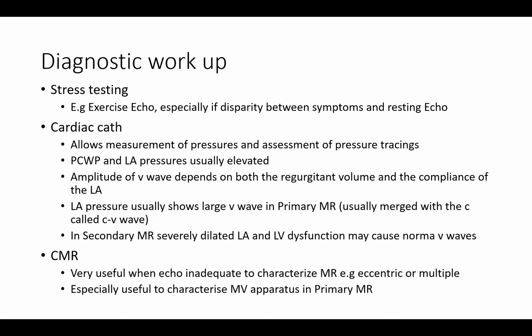which might be some indication of the compliance of the left atrium. We have already said that we see a large V wave in primary MR especially, and it could merge with the C wave to give that CV wave. In secondary MR, it depends.